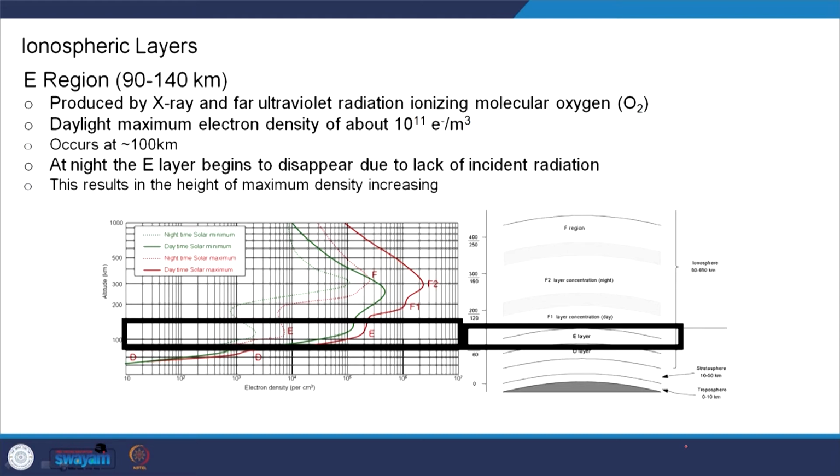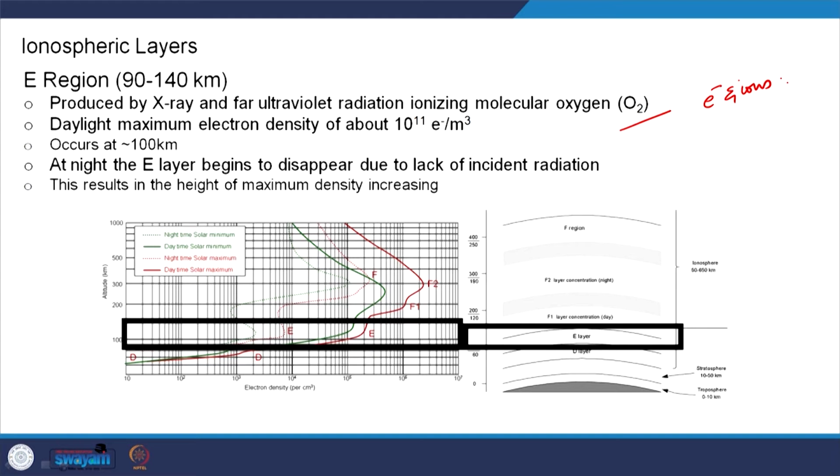In the E layer, X-rays are considered very energetic, and some X-rays will travel all the way from the top of the ionosphere to these particular heights, 90 to 140 kilometers, and they ionize the oxygen molecule to release electrons and ions.